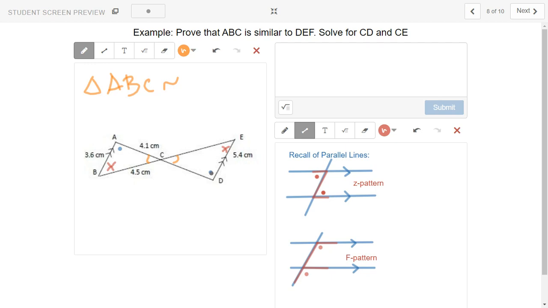I need to start my second triangle statement with the same one. So I have triangle D and then the red EC. Okay, so since these are similar triangles, we can create a ratio.